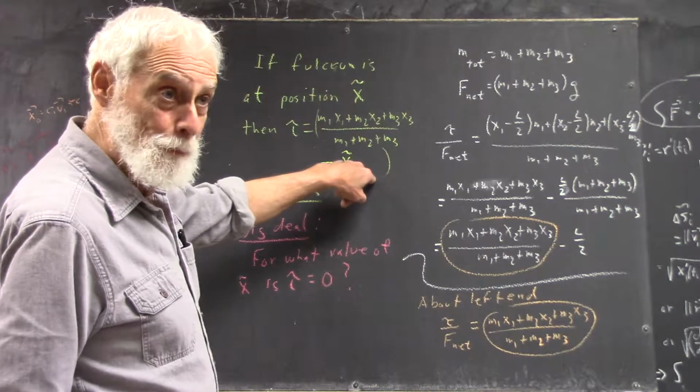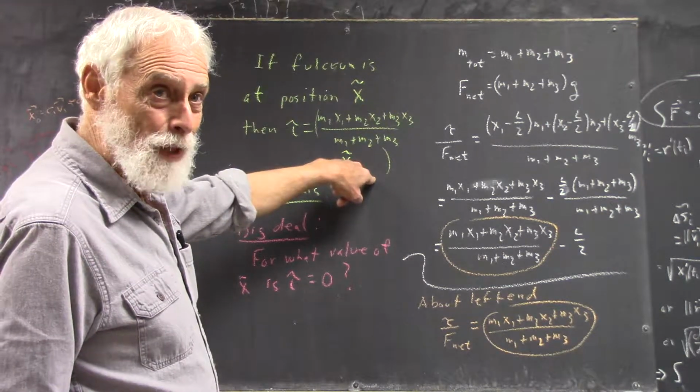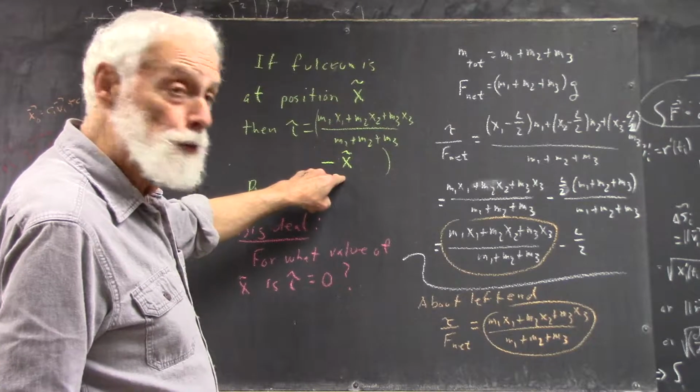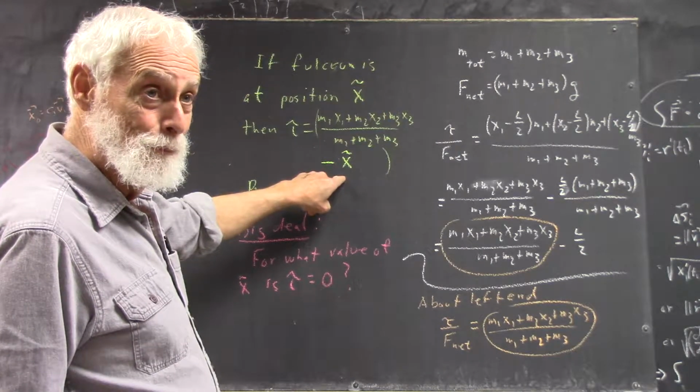This is the torque. How would you determine the value of x tilde that makes this 0?